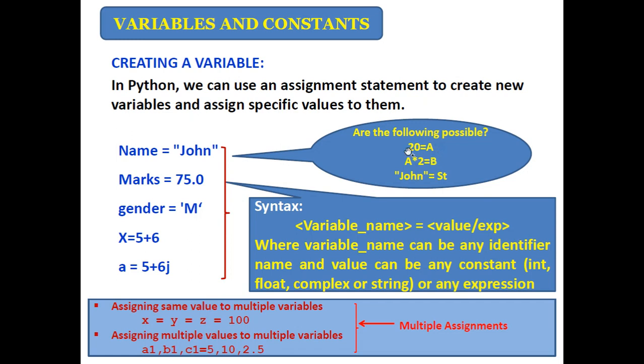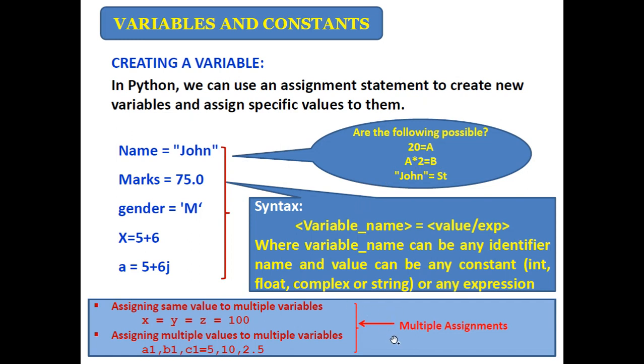Variable must appear on the left side of the assignment statement, and the value or expression should appear on the right side. That is the correct syntax for defining a variable. That means a equal to 20, b equal to a star 2, st equal to within double inverted quotes John, like this. These will be the correct statements.